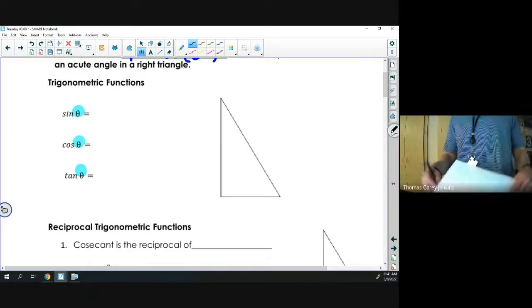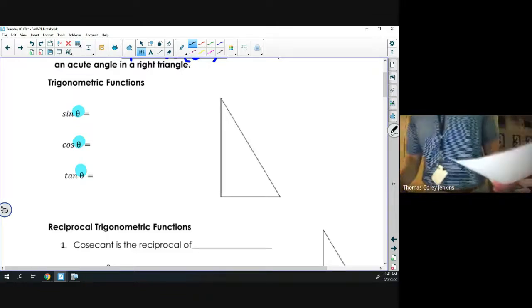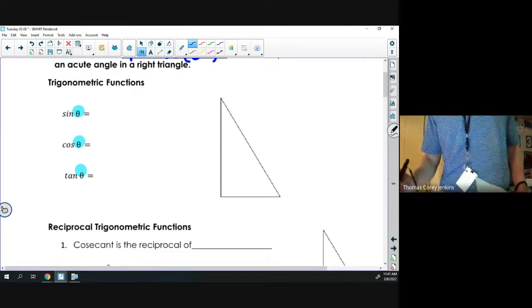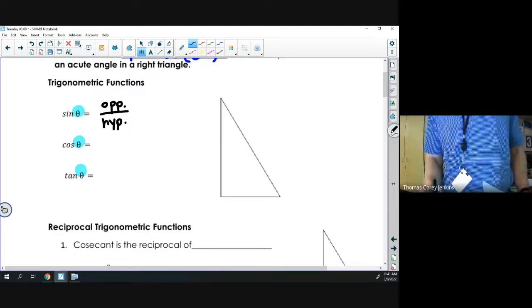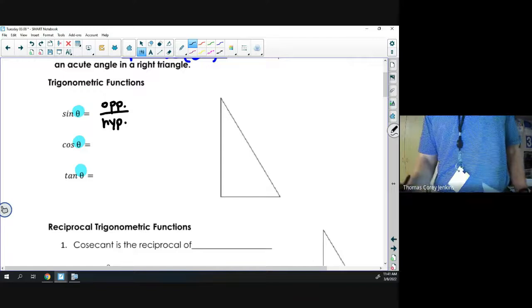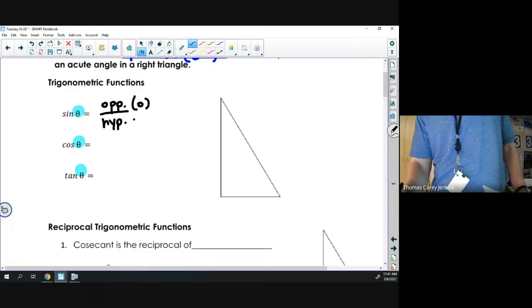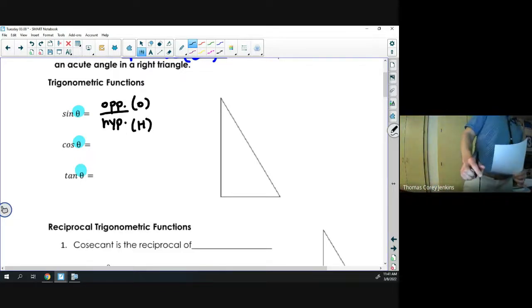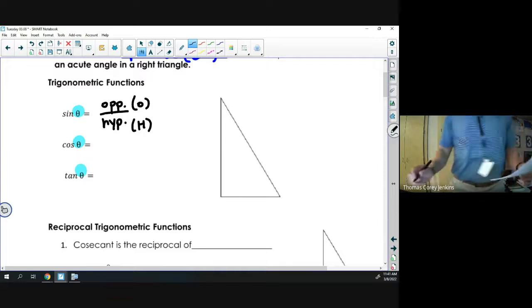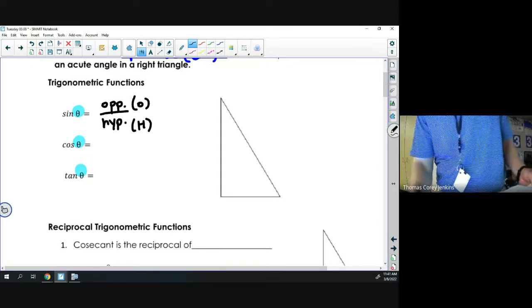All right. So to find the sine of any angle, you take its opposite side over the hypotenuse. I'm going to abbreviate that OPP over HYP, or probably easiest O over H. Cosine is going to be adjacent over hypotenuse.